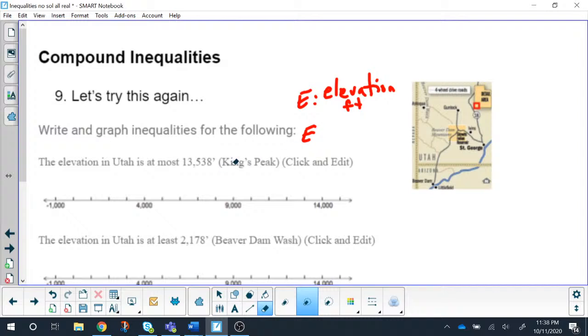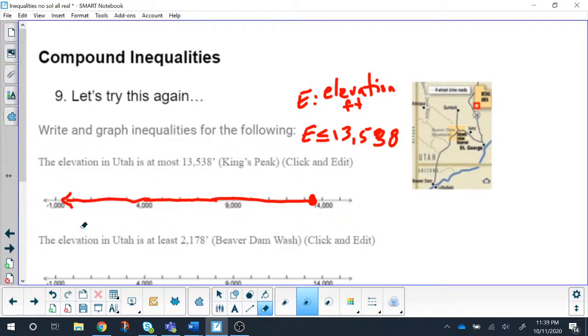And we said the elevation in Utah is less than or equal to 13,538. And so what we did to mark that is we had 13,538 somewhere on the number line, and we marked it, and we shaded everything that is less than or equal to 13,538, and we indicate that this keeps going to the left.